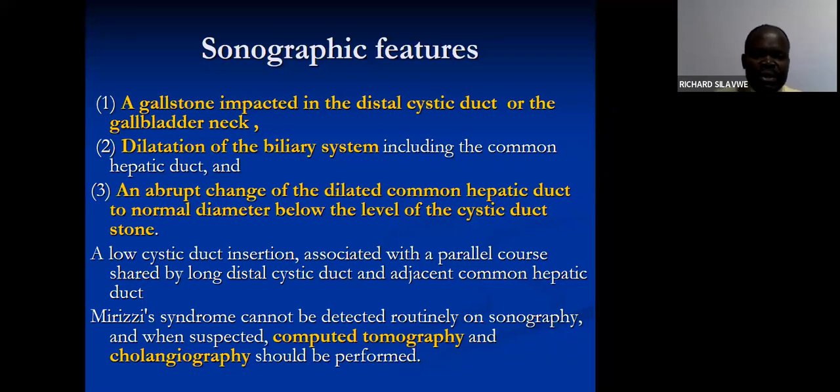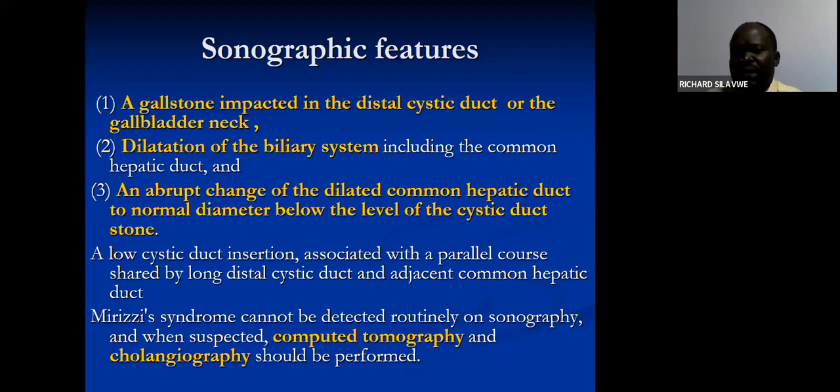So a low cystic duct insertion associated with a parallel course shared by long distal cystic duct and adjacent common hepatic duct. So Mirizzi syndrome cannot be detected routinely on sonography, and when suspected, computed tomography and cholangiography should be performed. So they are saying most of the time we may not be able to see the impacted stone in the cystic duct.